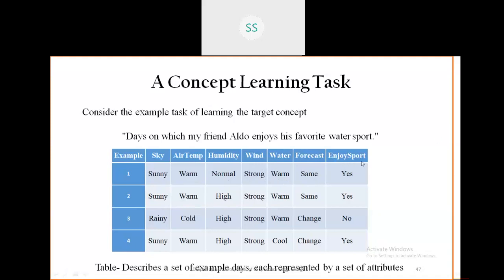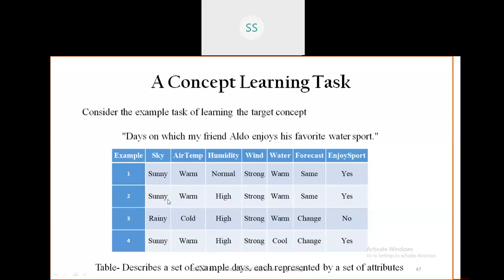That's why enjoy sports has been set to yes.